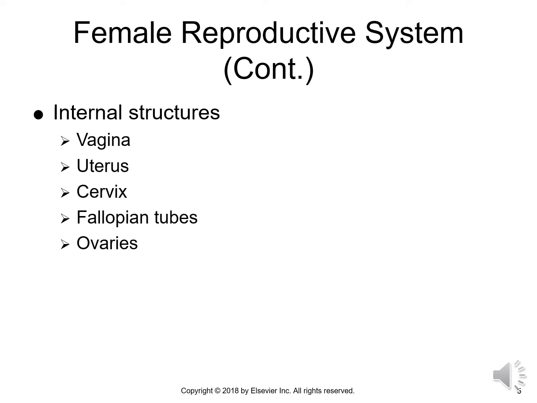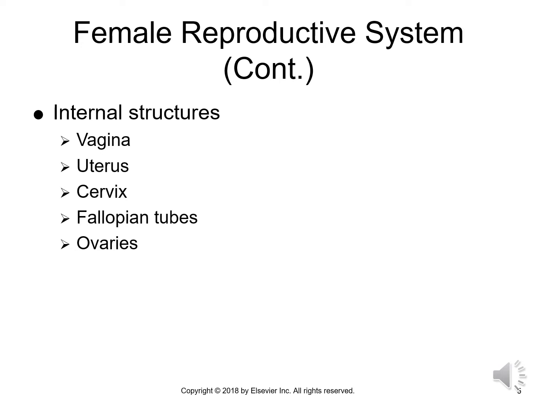Next, we have the internal structures: the vagina, the uterus, the cervix, fallopian tubes, and the ovaries. How would you describe the vagina? The book describes the vagina as a fibromuscular, collapsible, tubular structure that lies between the bladder and rectum and extends from the vulva upward to the uterus internally.